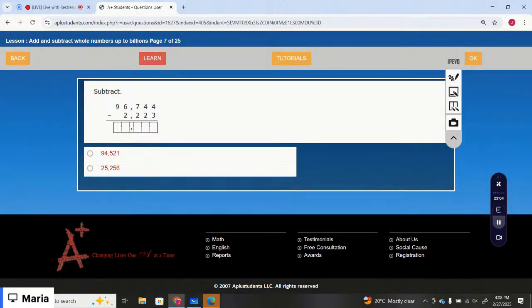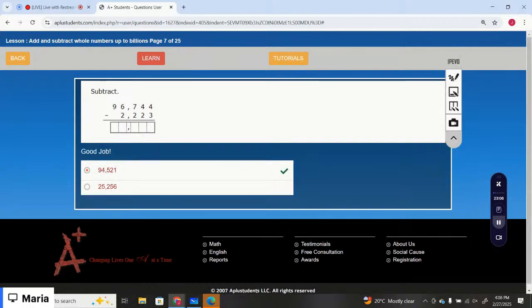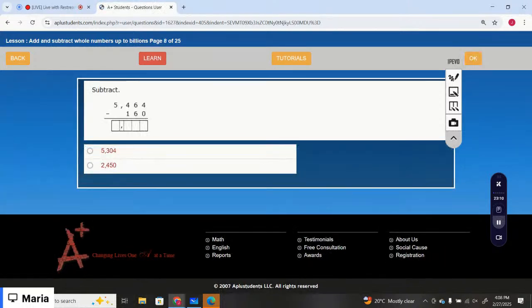Option number 1 is the correct option. Subtract, which is the correct option?